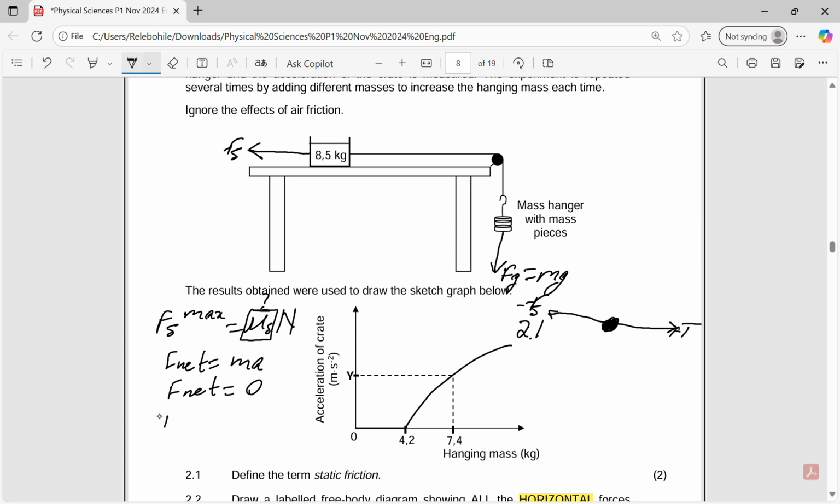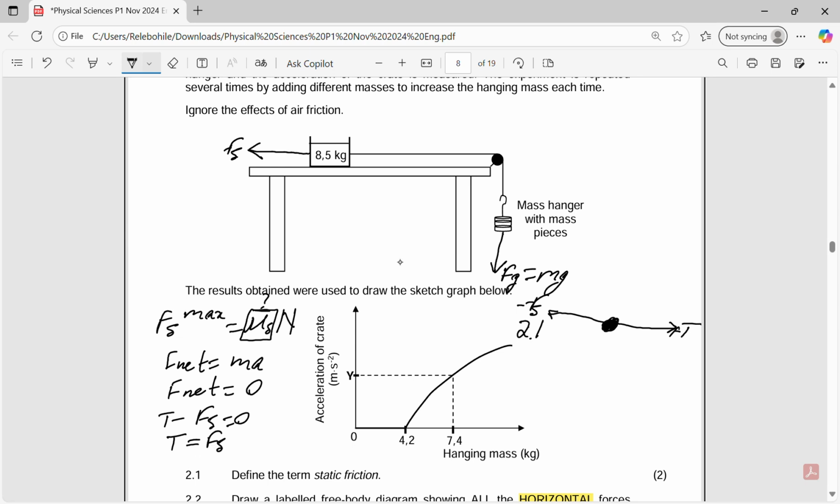So that means here we will have T minus Fs is equal to 0. And if you check, guys, when I transpose Fs to the other side, our forces are going to be equal. The tension force will be equal to the static friction force, and we already said that here when we drew our free body diagram. So that means I'm going to have T being equal to Fs. So the tension is equal to the static frictional force. Does that make sense?